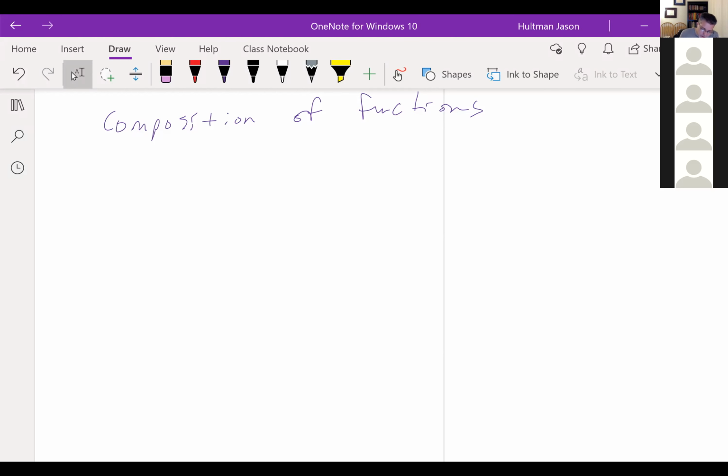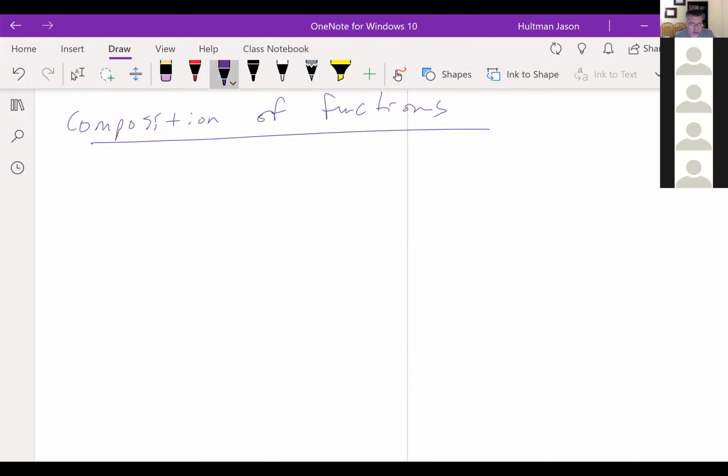Okay, composition of functions. Okay, so f of g of x is written as f of g of x.